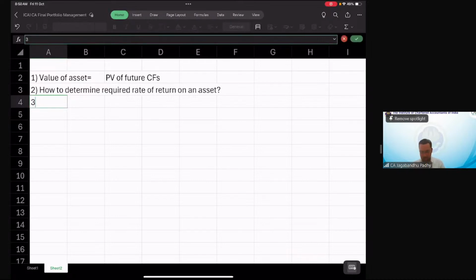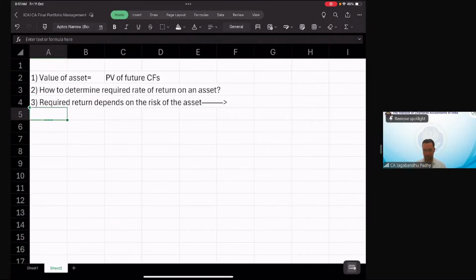So the idea is, we know required return depends on the risk of the asset, right? And we follow the simple principle.